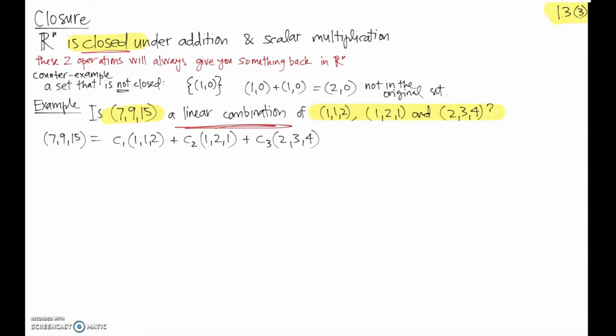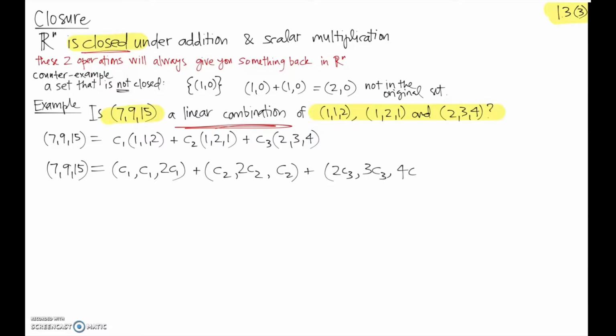Well, this equation I can't solve just by looking at it either, but I'm going to do something I know how to do, and I'll multiply those constants into those 3 vectors. So this equation is also saying that 7, 9, 15 equals C1, C1, 2C1 plus C2, 2C2, C2 plus 2C3, 3C3, 4C3.